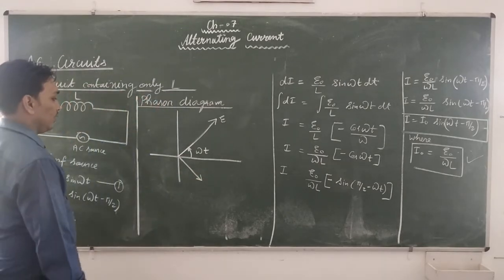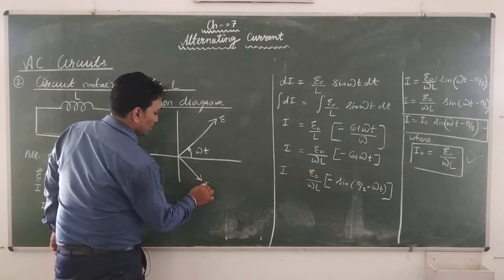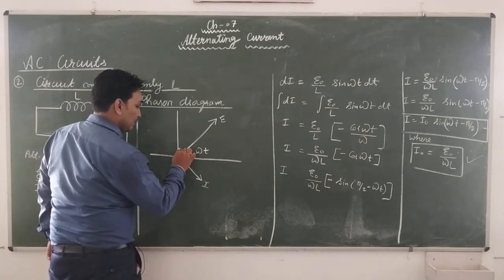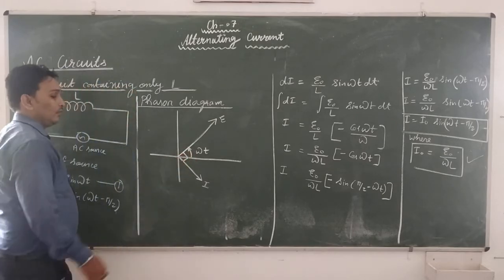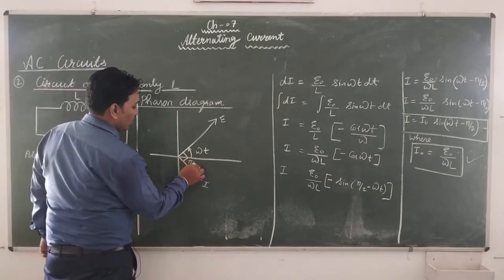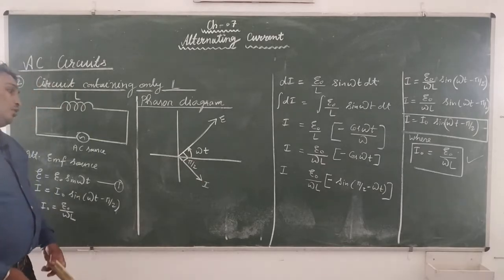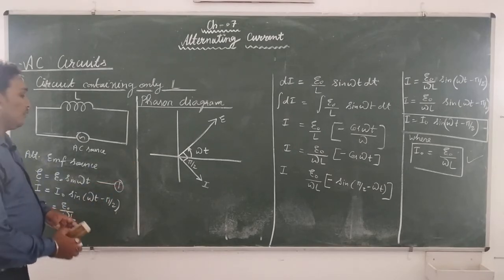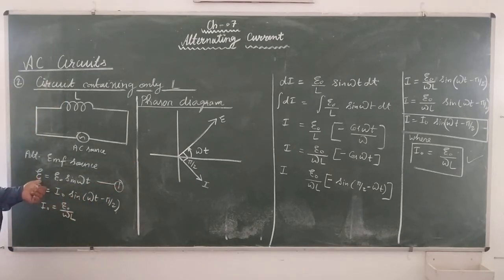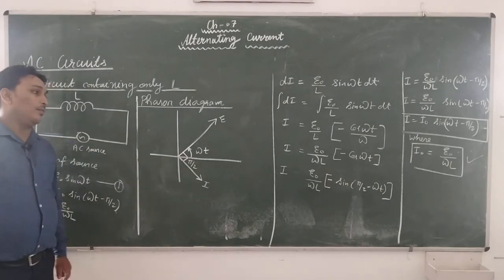That too behind. This will be the I. And this particular angle is obviously pi by 2. Okay? So what is the current? Current is behind omega t with an angle of pi by 2. So in this case, what do we say? We say that EMF leads the current in phase by an angle pi by 2.